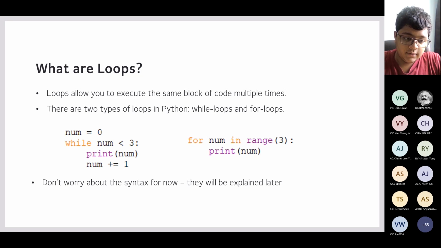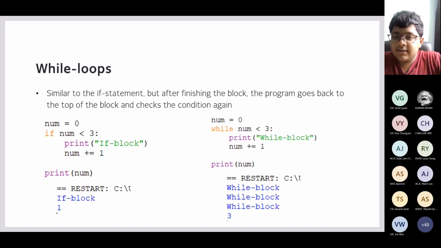So for while loops, it's basically like an if statement, but after the if block runs, it will come back to the loop and check again. So for example, if you increase the number itself, and you run this entire block of code once, but in a while statement, it runs this code, then goes back here to see if the condition keeps matching, so it keeps going and going.